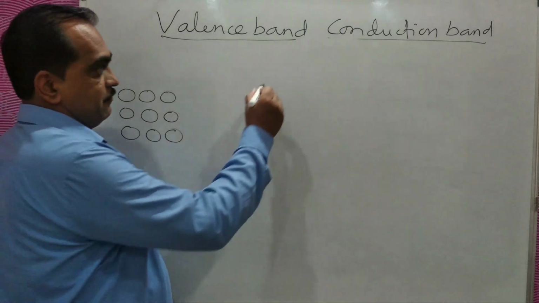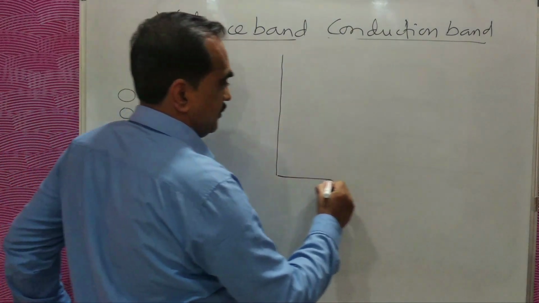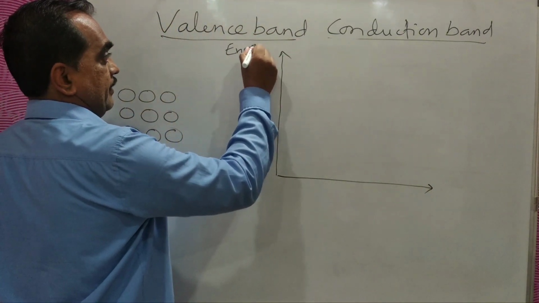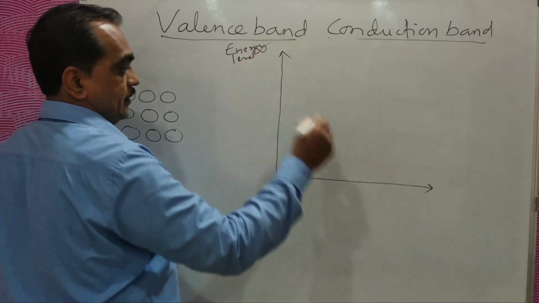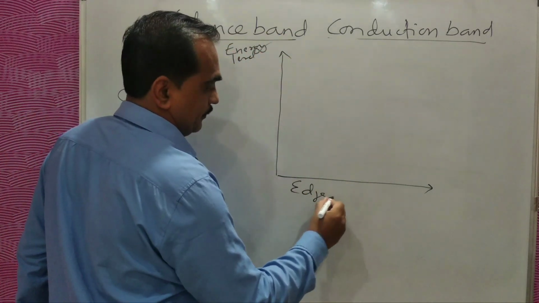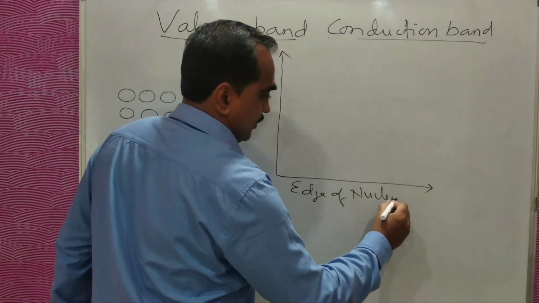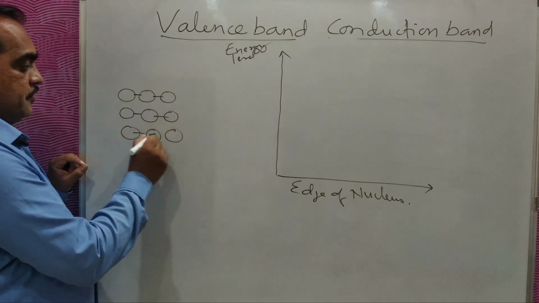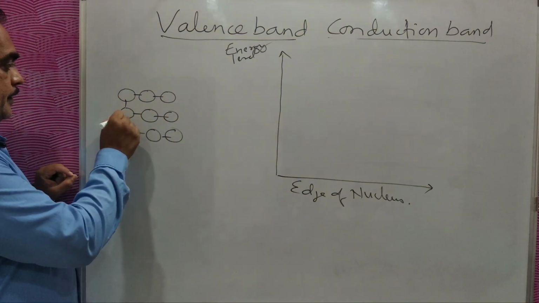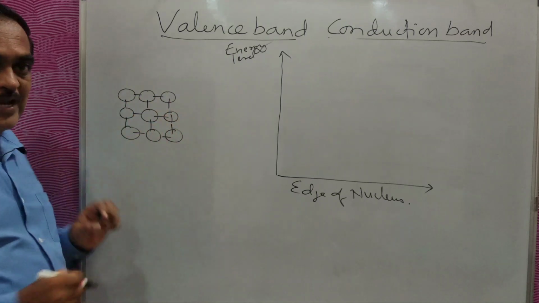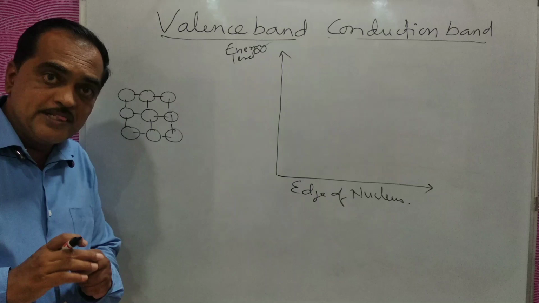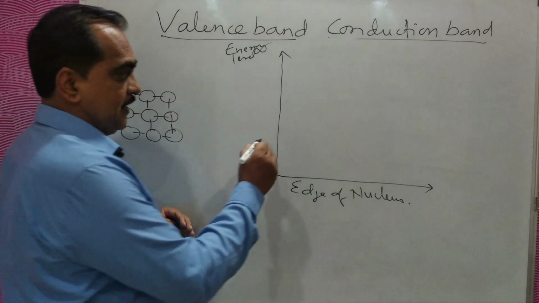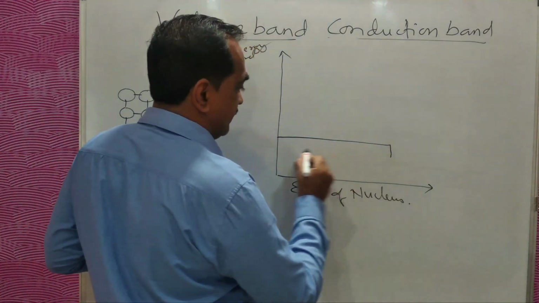If you draw a diagram like this, energy levels or energy bands, this will be the edge of the nucleus. All these atoms are connected with each other, and all the atoms will have their first orbits. Now if you combine the energies of the first orbits of all the atoms, it becomes an energy band.